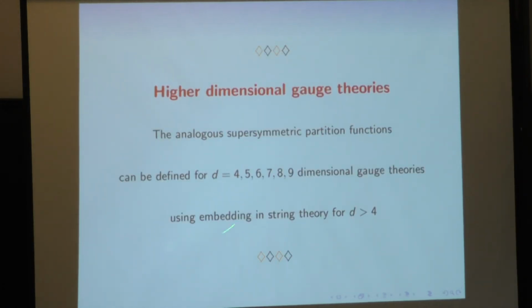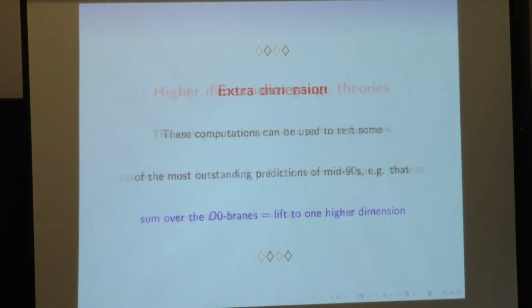Now, if you try to generalize this story to high-dimensional theories, which of course do not make sense as quantum field theories because they're not renormalizable, you can make sense out of them by embedding them in string theory. So by viewing them, for example, as theories on stacks of D branes in type 2A or type 2B theory in various backgrounds. The quantity which we are trying to compute will be, again, the supersymmetric partition function. So the massive states which we introduce in embedding the theory into string theory will not contribute.